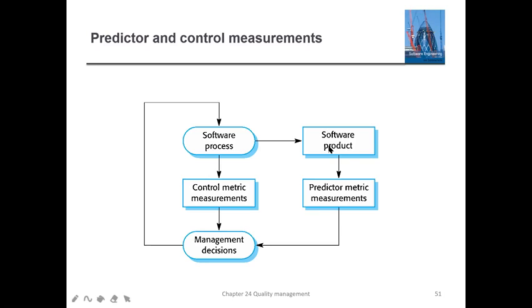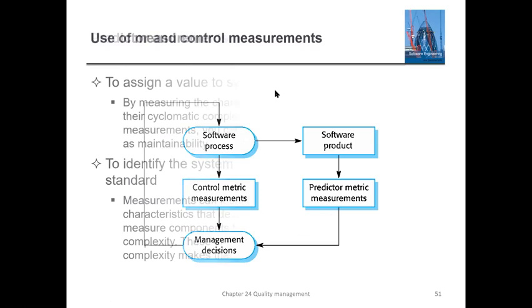And on your software products we have the predictor metrics measurement, which is known as your product metrics, and both go towards your management decision. Once the decision is made, the process has to start again. So this is the link between your product predictor and control measurements.